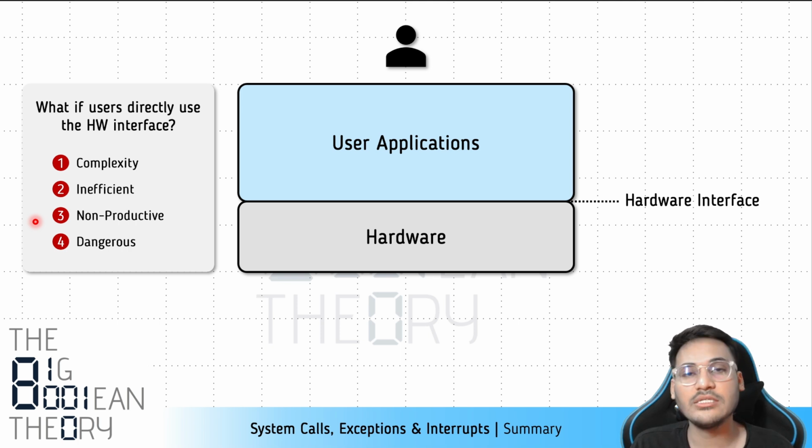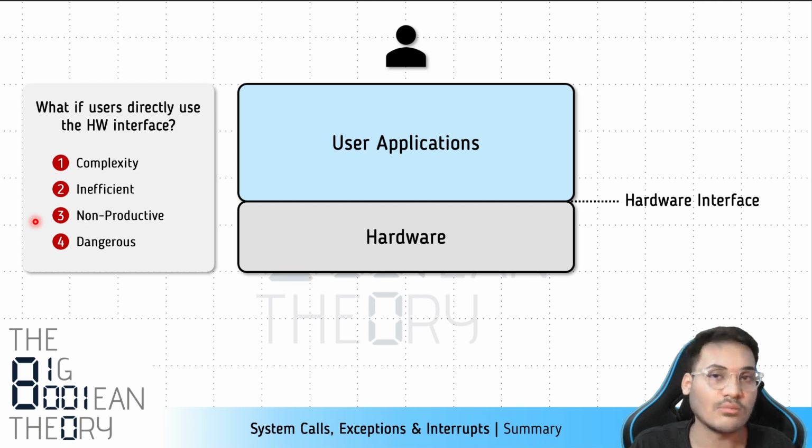And finally, dangerous, or we can say unsafe, if we trust the user processes, which we cannot do, because programmers can easily write malicious programs which can monopolize the hardware resources of the system and take control over the system. So we cannot allow the user applications to directly interface with the hardware.